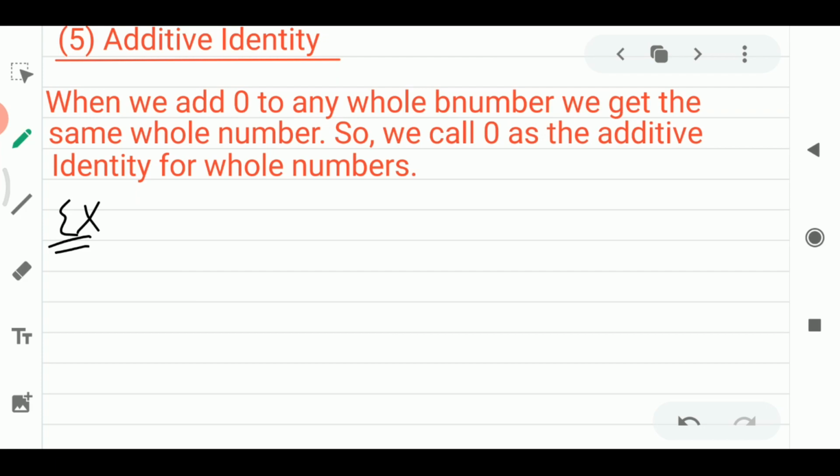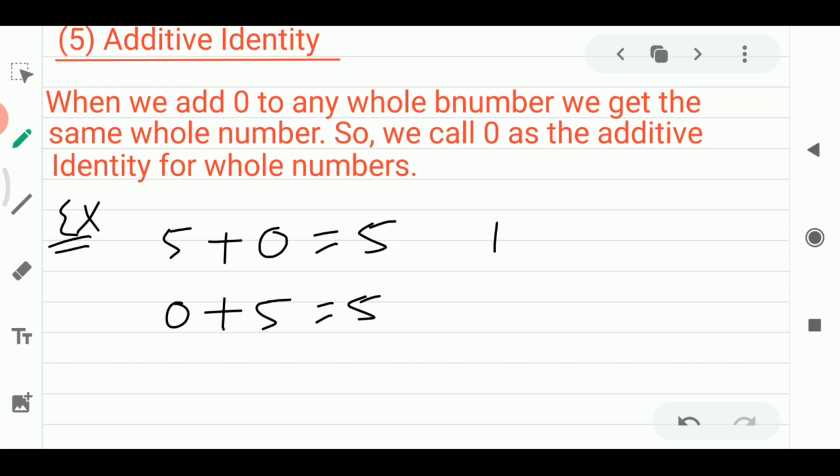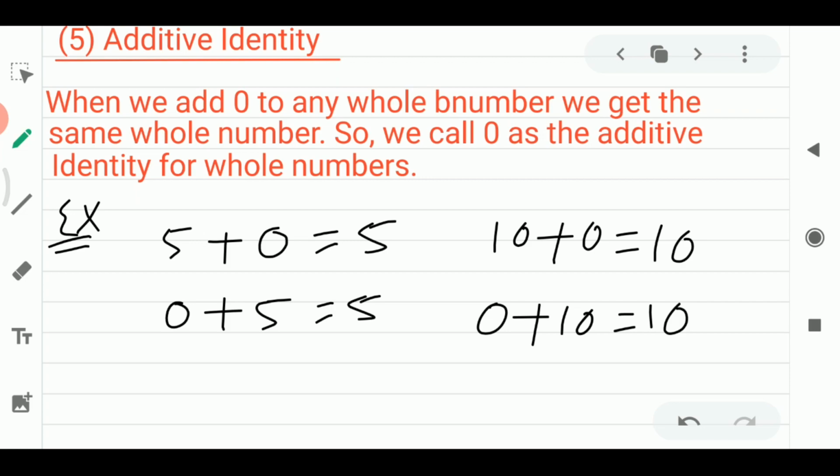Suppose 5 is a whole number, 5 plus 0 means 5, or 0 plus 5 is also 5. 10 plus 0 is equal to 10, 0 plus 10 is also 10. It means when we add 0 to any whole number, the answer is the same whole number. So 0 is called the additive identity for whole numbers. Okay, then come to next.